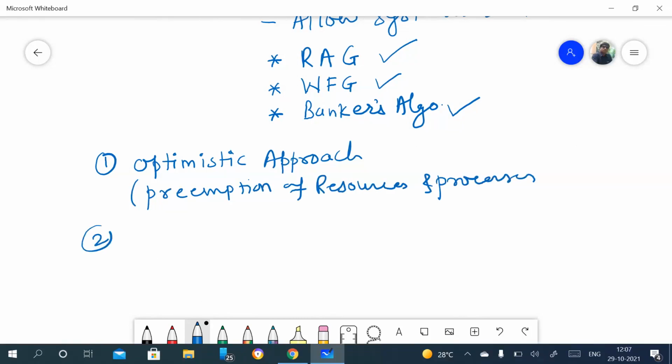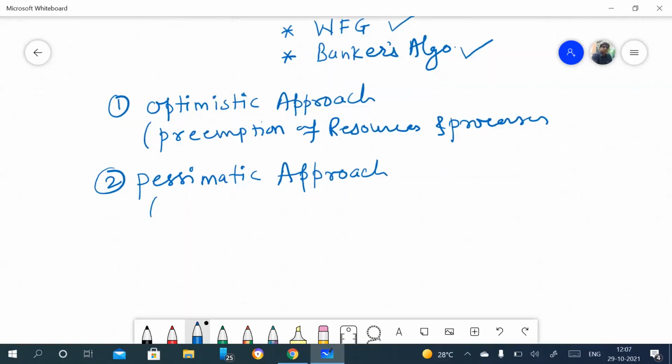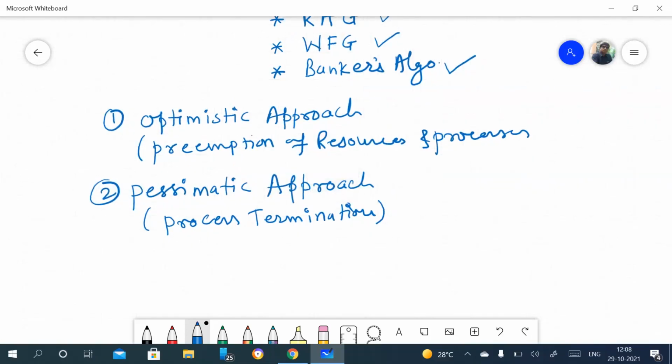And the second approach we can call the pessimistic approach. Here we have process termination. So with these two approaches, we can recover from the deadlock.